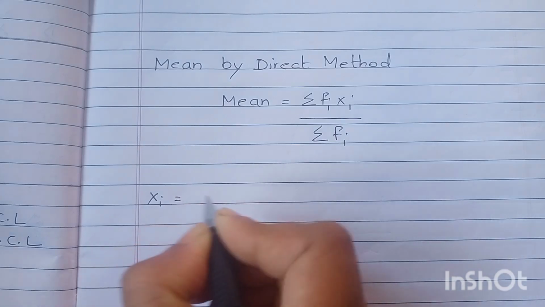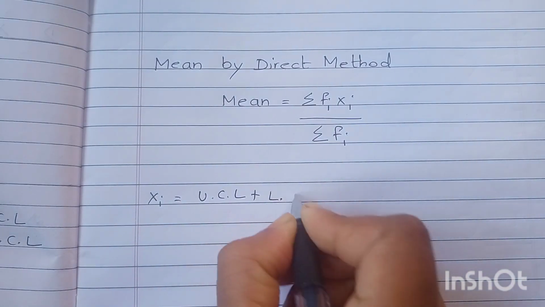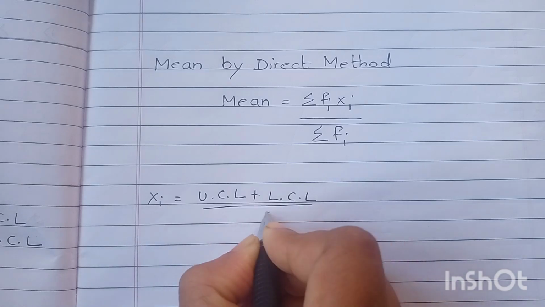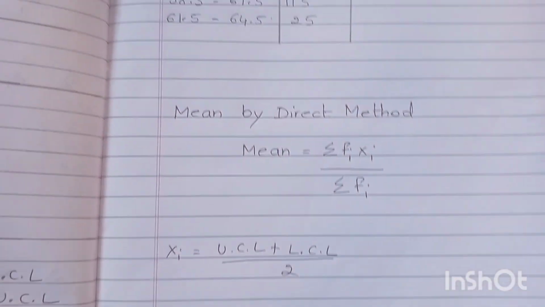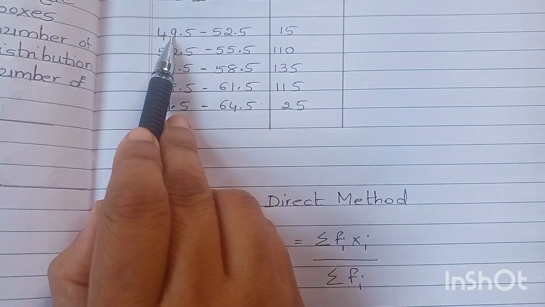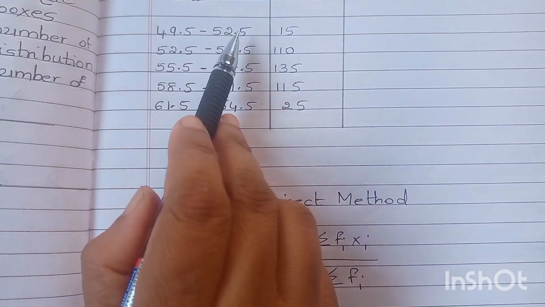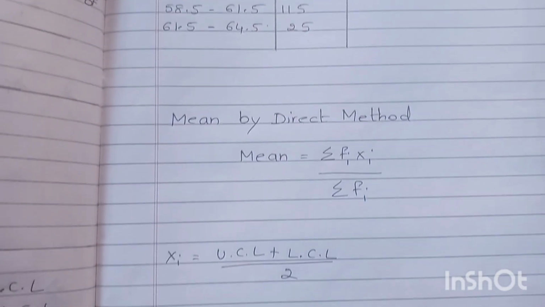Xi is equal to upper class limit plus lower class limit divided by 2. Isn't it? First one, 49.5. This is our lower class limit and this is our upper class limit. So let us substitute here.